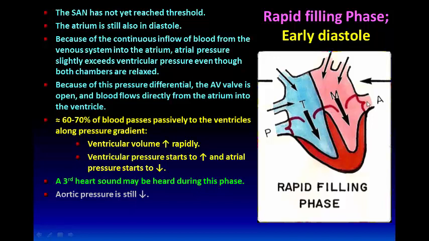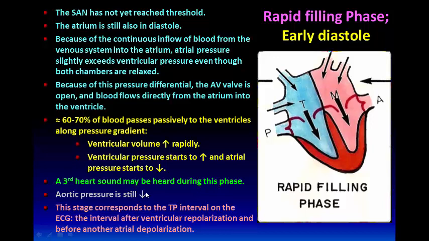The aortic pressure is still low because the left ventricle has not yet begun ejection of blood into the aorta, and blood keeps flowing from the aorta to the tissues, so the aortic pressure is still low. This rapid filling phase corresponds to the TP interval on the ECG.